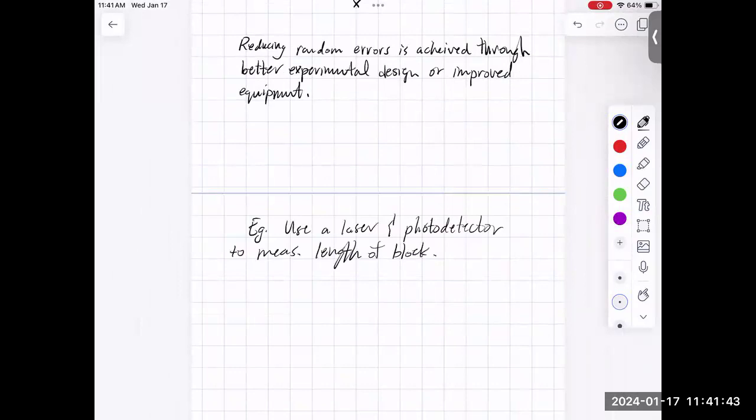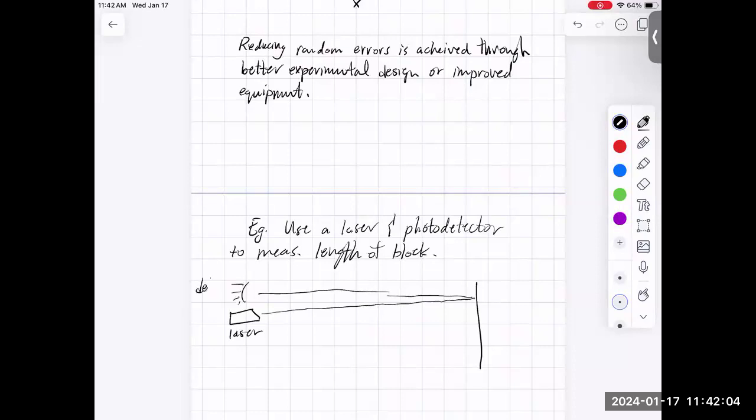Okay, so what we could do is we first take our laser and we shine it at a wall, and we let the laser reflect off the wall, and then it hits a detector. So this is maybe our detector.